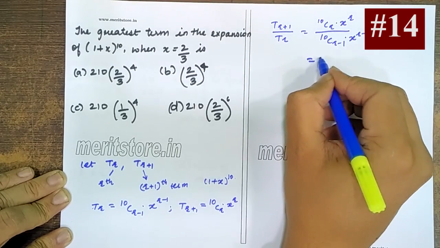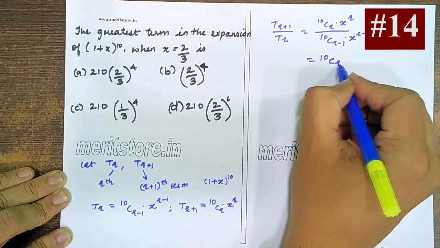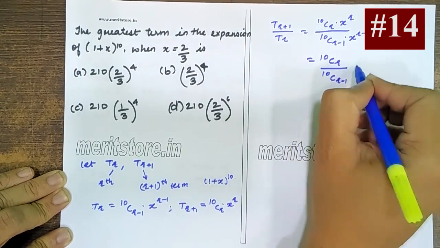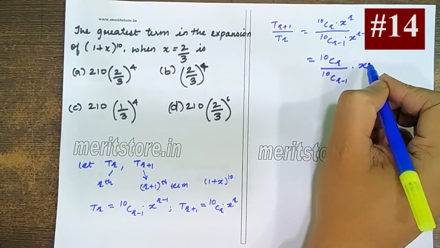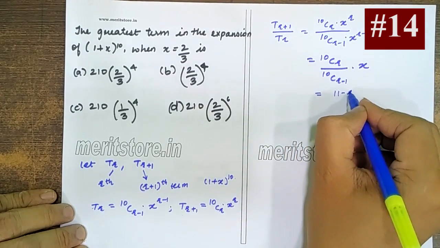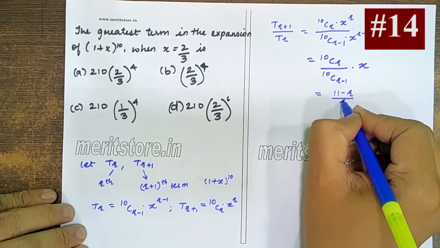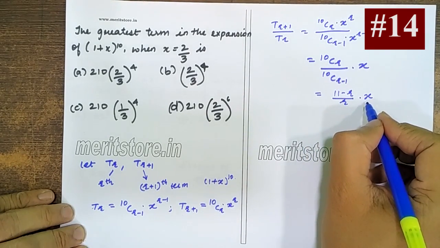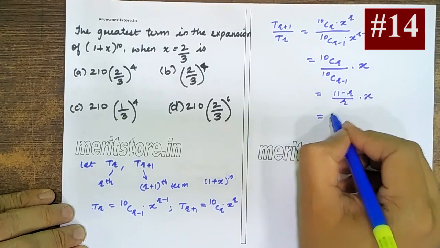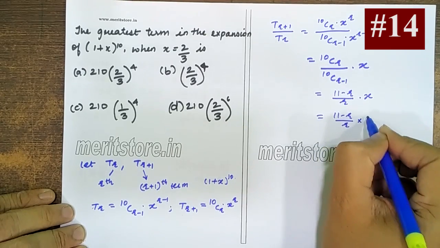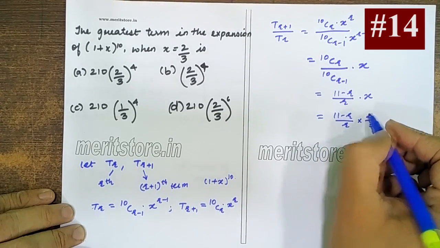On simplifying this, we'll get 10 cr upon 10 cr minus 1 into x, which will further give you 11 minus r upon r into x. But the value of x is 2 by 3. Substituting that, you will get 11 minus r upon r into 2 by 3.